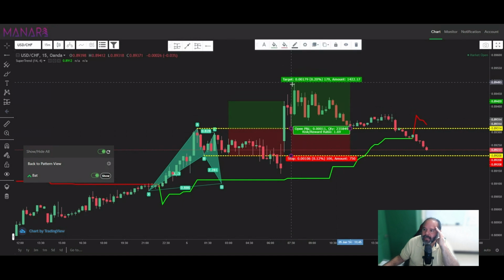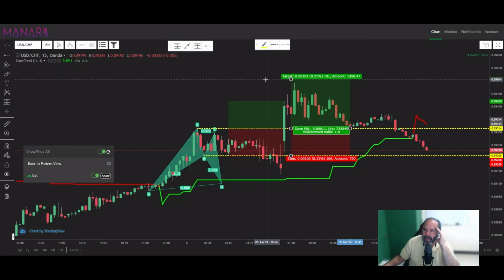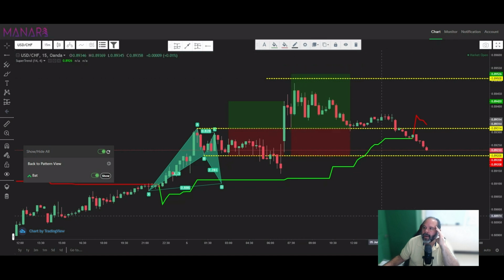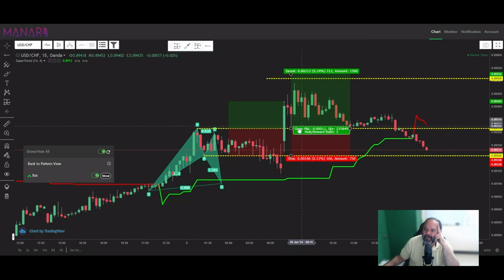Oh, no, it didn't reach 1.8. But still, let me put it 1.8 right there. Now let me move it back to the 2. There. See, this line will be 90% of the distance from here to here.